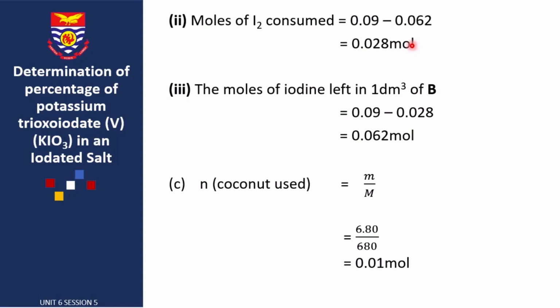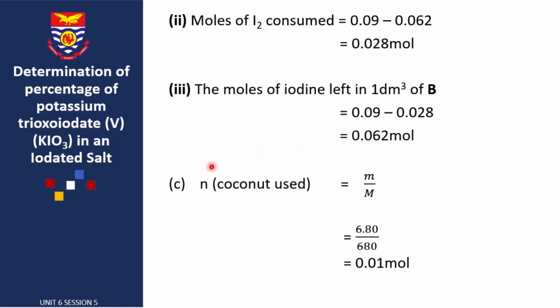This is the moles that was consumed. The excess is the 0.062. The next task was to find the moles of the iodine left in the 1 dm cube of B. It is simple. It's just by subtracting the moles that was consumed from the moles we started with, and that gives us 0.062 moles. Alright, so we know the moles that was left.